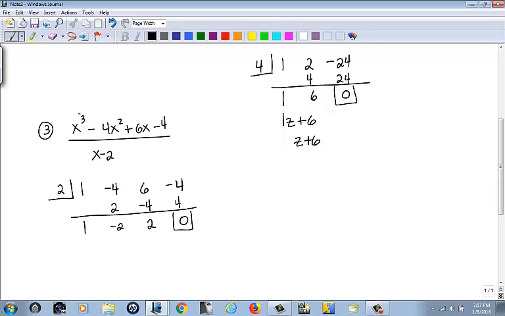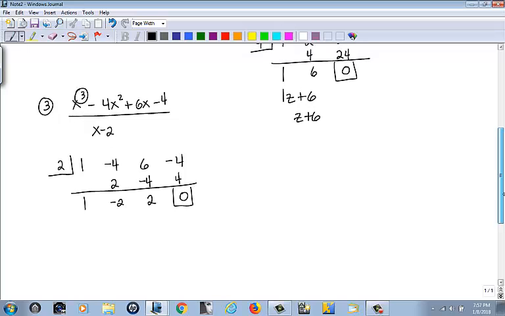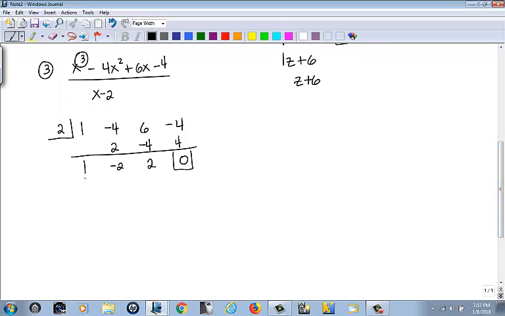What you do is you take this exponent and depress it. That means you're going to subtract 1. So if that's an x cubed, then this is going to be a 1x squared, and you go in descending order of the exponents. So minus 2x plus 2. This would be your answer by synthetic division.